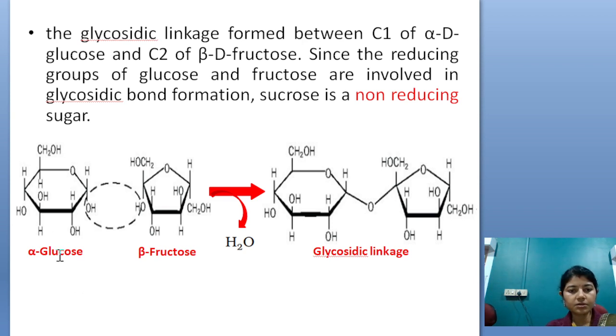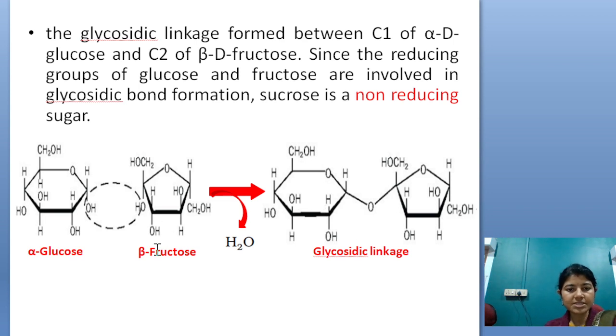So here is alpha glucose, where the hemiacetal group of glucose reacts with the hydroxyl group present in beta fructose. After removal of this water molecule, here shown in the circular manner, this leads to the formation of the glycosidic linkage and hence the sucrose molecule.